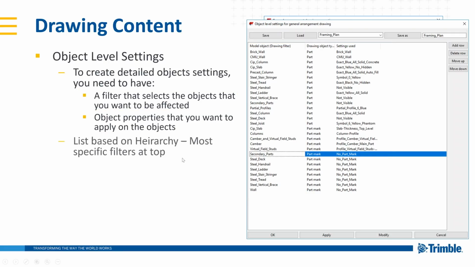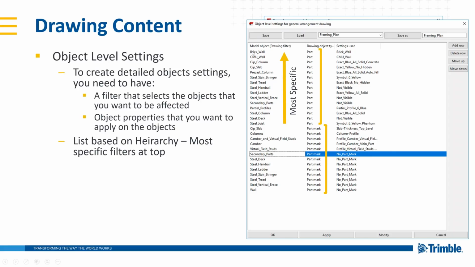What I have to do in order to create those settings is define which of these filters is going to be most specific. The way that these are placed in this dialog is also important, because the most specific filters should be at the top and the most vague or most generic filters should be at the bottom.